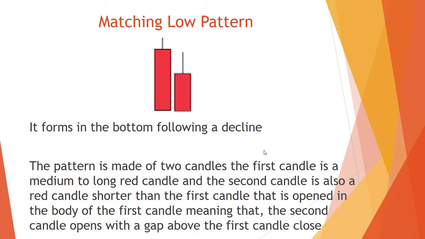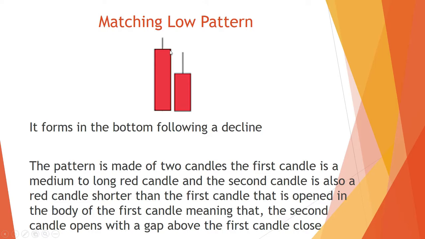Another one is the matching low pattern. It forms at the bottom, following a decline. The pattern is made of two candles. The first candle is a medium to long red candle, and the second is also a red candle, shorter than the first candle, that opens in the body of the first candle, meaning that the second candle opens with a gap above the first candle close.